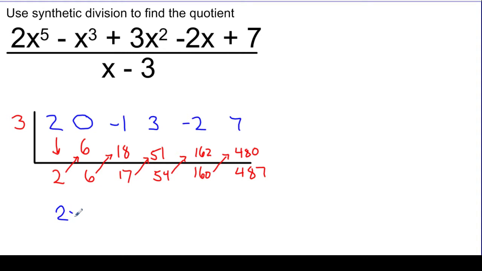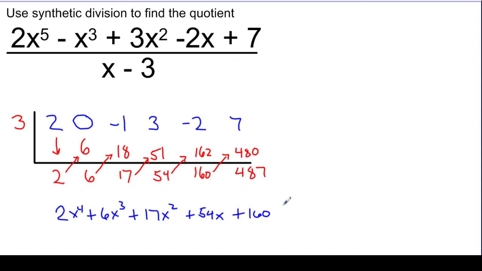So I'm going to say this is 2x to the fourth plus 6x to the third plus 17x squared plus, these are all positive numbers, so I'm just doing plus all the way along, 54x plus 160. I'm down to the end of a polynomial. Polynomials always end with our constant term.